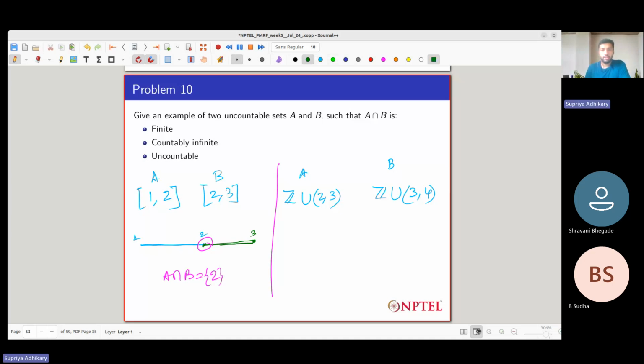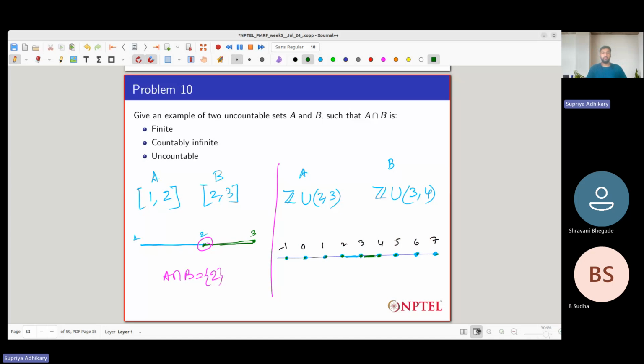In this case, the set A would be all the integer points, like -1, 0, 1, 2, 3, 4, 5, 6, 7, and so on, together with all the elements between 2 and 3. And set B is all these integer points and the elements between 3 and 4.